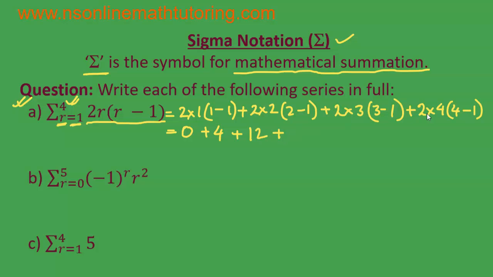Plus 2 times 4 is 8 and 4 minus 1 is 3. 8 times 3 is 24. So these are the 4 terms of this given series.